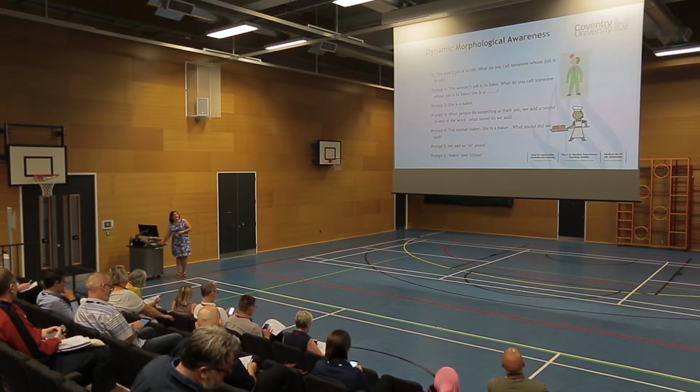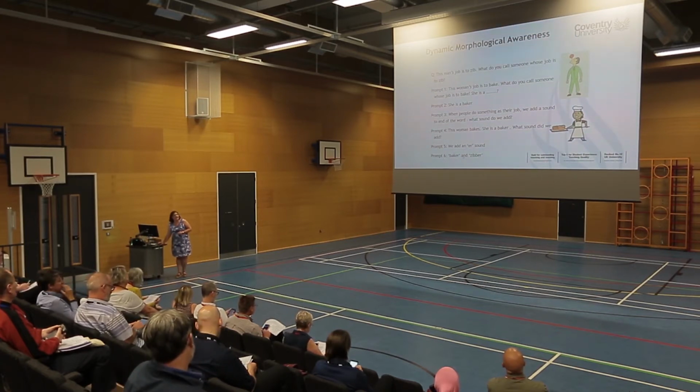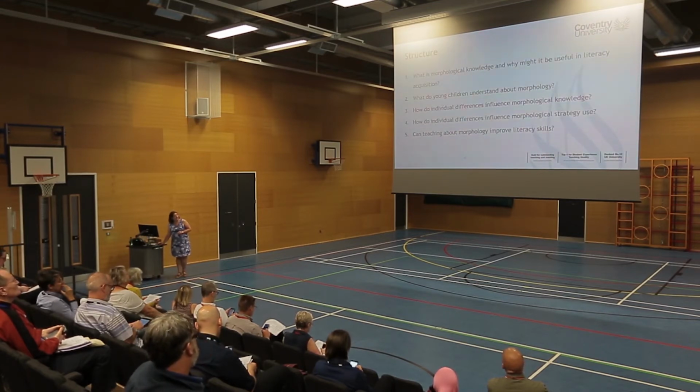Here, they've needed 6 prompts. Here, they're just literally repeating zibber. So those are the kinds of tasks that we use to look at morphological awareness. And I'll talk more about some different kinds of tasks that we use to look at morphological strategy use later.